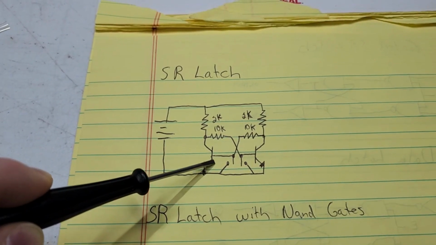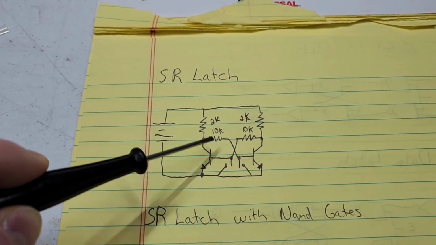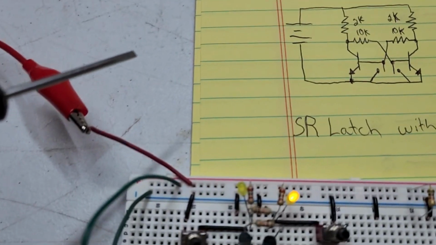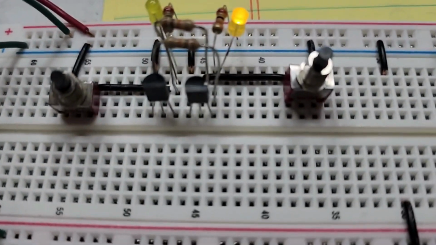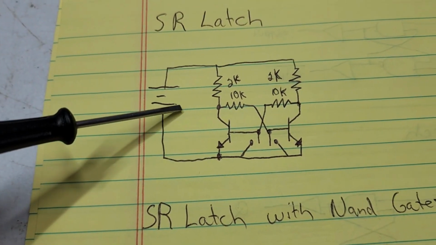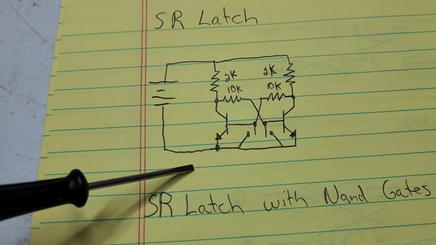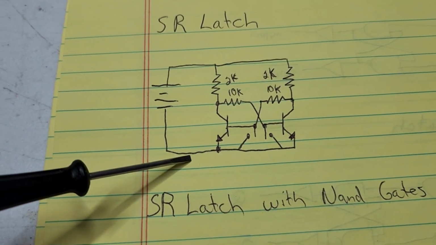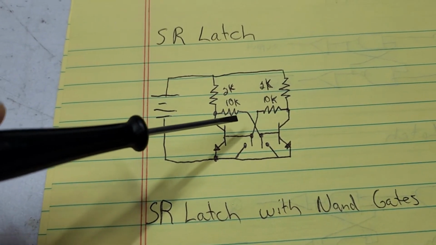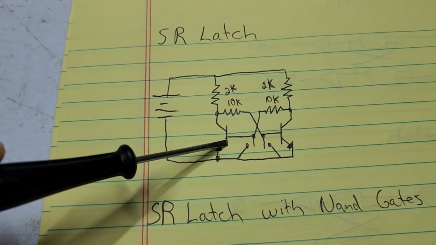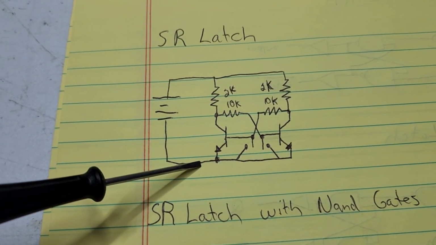So when this one turns off, then the LED, where do I have the LED actually? To ground. So I have the LED from here to here. I should have drawn it on there. So whenever this opens up, the LED will turn on.